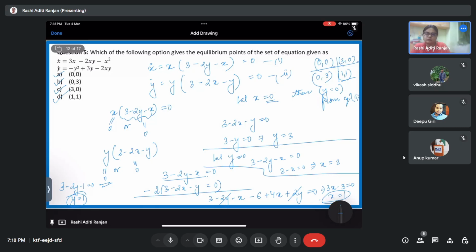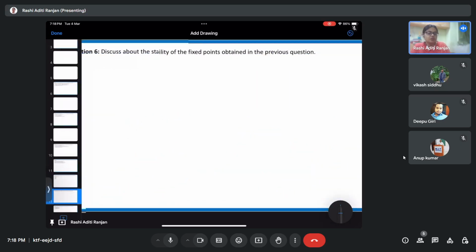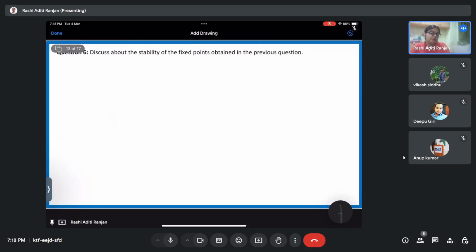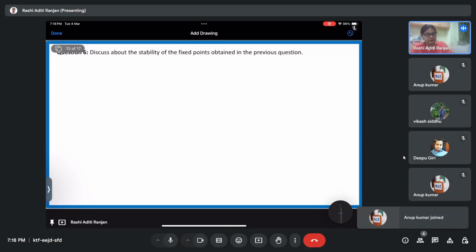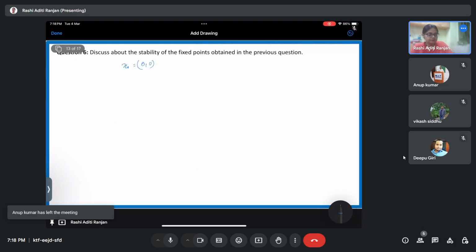So as you can see, all the options are correct. This was easy. Now when I come to the second question, it says discuss the stability of the fixed points obtained in the previous question. First I'll write the fixed points: (0, 0), (0, 3), (3, 0), (1, 1).